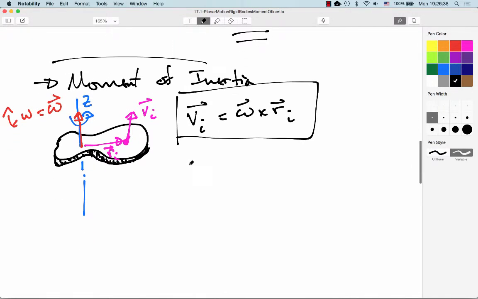All right, so now let's go ahead and find our rotational kinetic energy. So T rot will equal, we're going to have to sum over all of our masses. So sum over i, 1/2 mi Vi squared. Remember that to do Vi squared, that's Vi dot Vi.